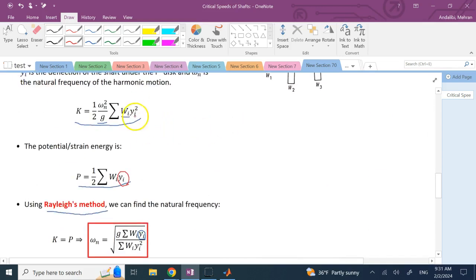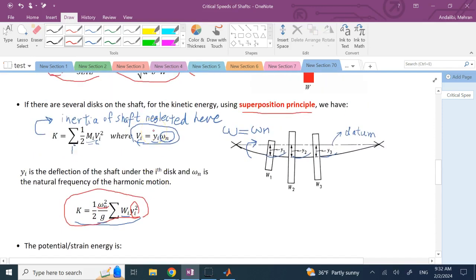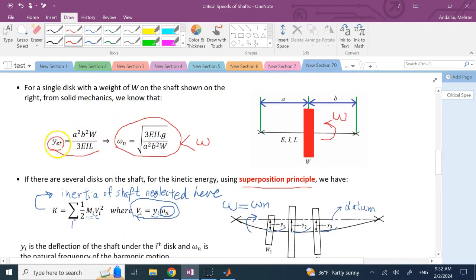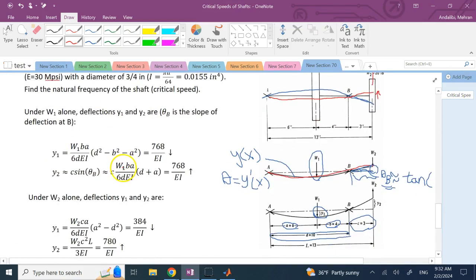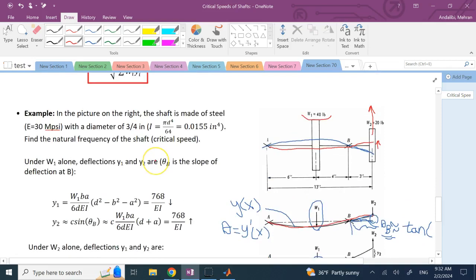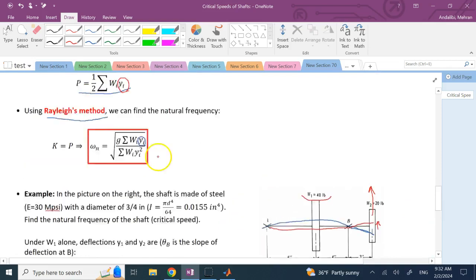And remember that, again, these y's that we are using in this Rayleigh formula, these are dynamic y's. Here we have assumed that we have spinning. And you might have asked, why are you approximating your dynamics with these formulas from statics and solid mechanics? You are right. That's because that's the only thing we have, okay?